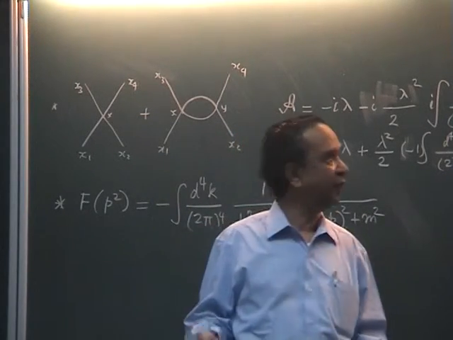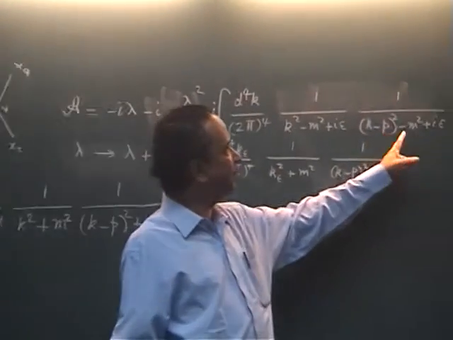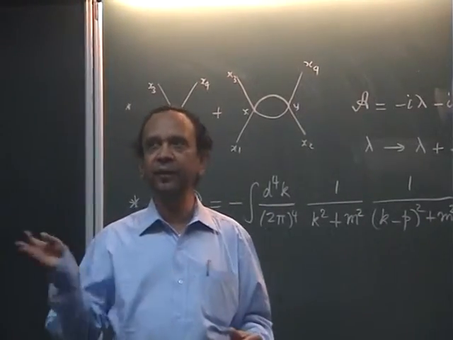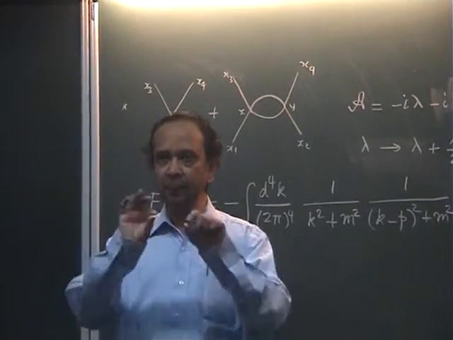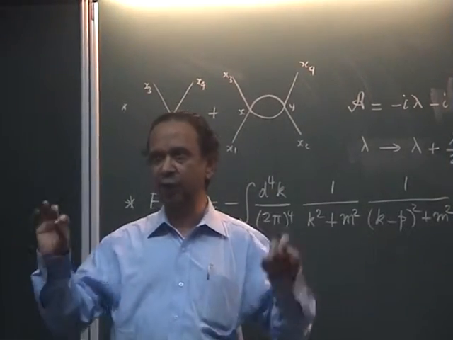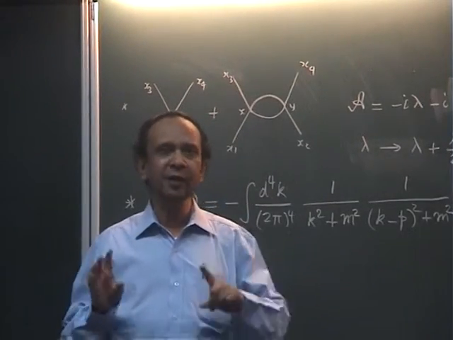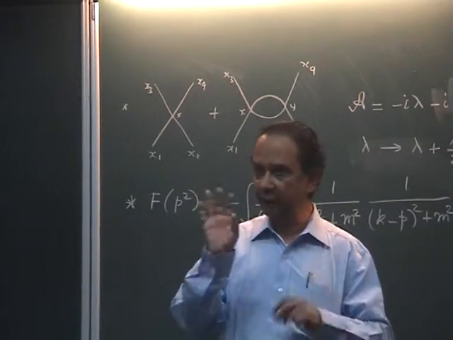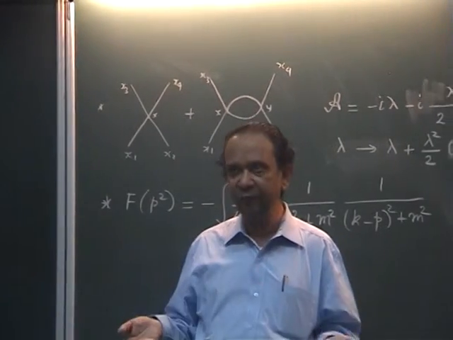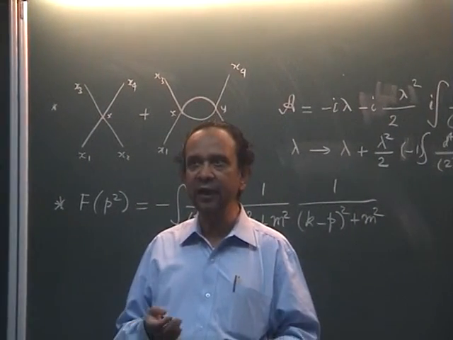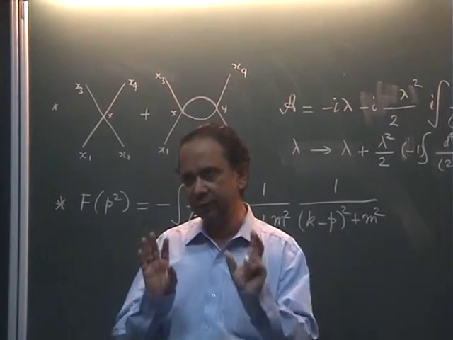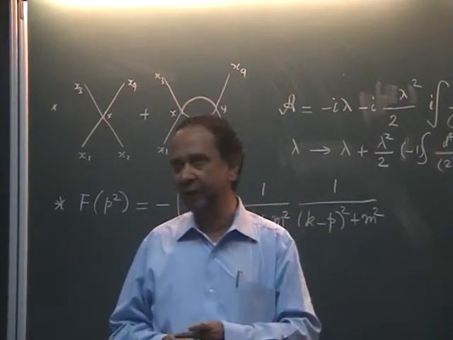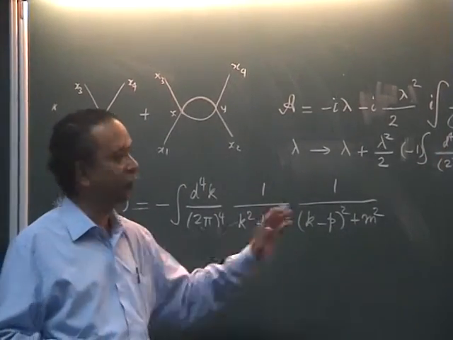Here it is slightly trickier because there is a p and an m coming in, and you will find that there is a range of p square up to m square where the poles are outside this region and you can rotate. Okay, so you are assuming that the poles are not blocking your Euclidean rotation, which is for a particular range of p, and then once you have the final expression, you can analytically continue it. Just for those who may read it in some textbook, I am mentioning that there is that complication there, but let us ignore that for a moment and go ahead.